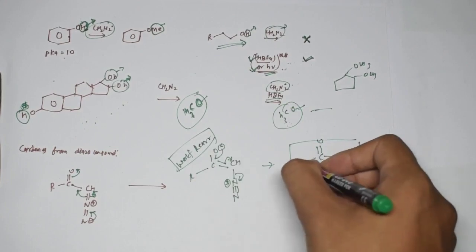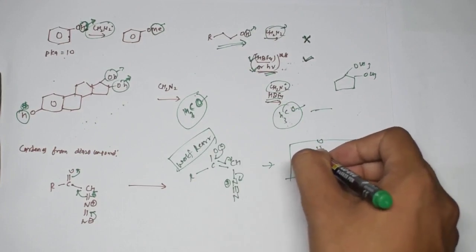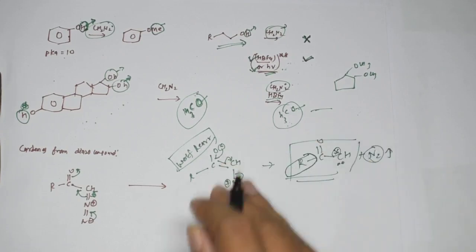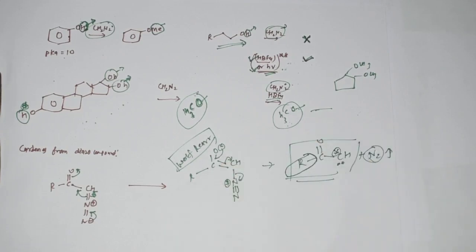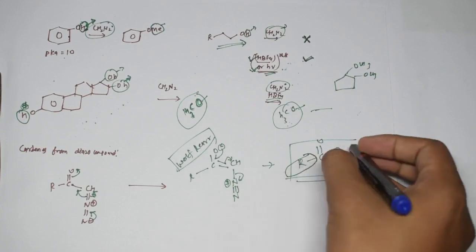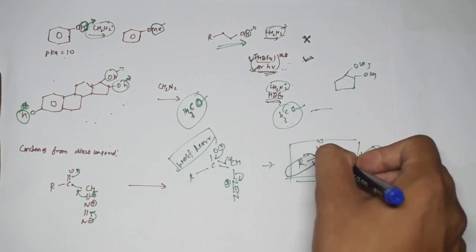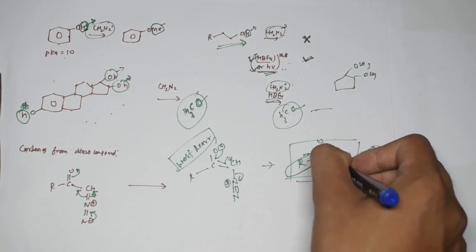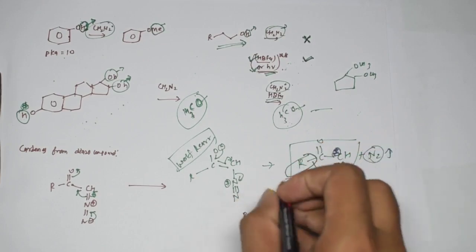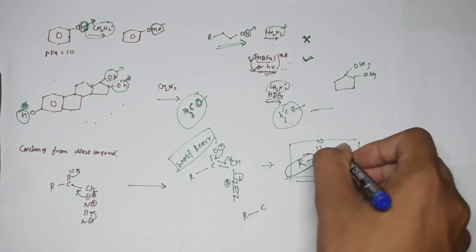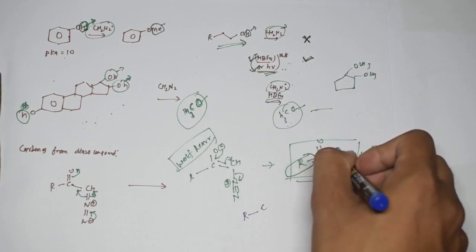So what happens if we have this R over here? This is an electrophilic carbon, right. So let's understand what happens in the Wolff reaction over here only. Here we have this electrophilic carbon, so this R will get migrated over here, and here we will have R C like this, and this complete bond is getting shifted over here.